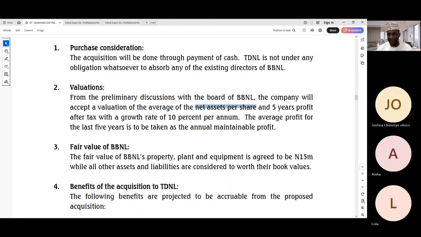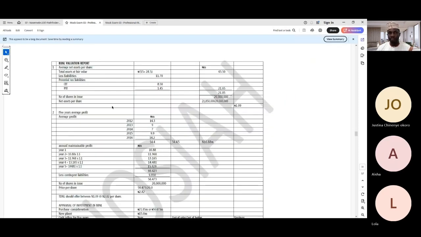So we need to compute net asset per share and 5-year profit after tax with a growth of 10% per annum. And the average profit for the last 5 years is to be taken as the annual maintainable profit. So from this information provided for us, we use it to compute.